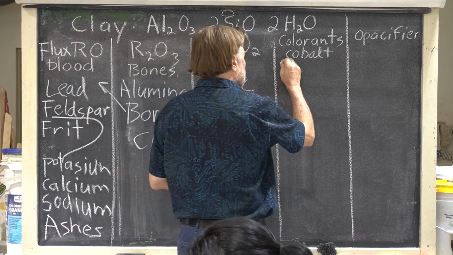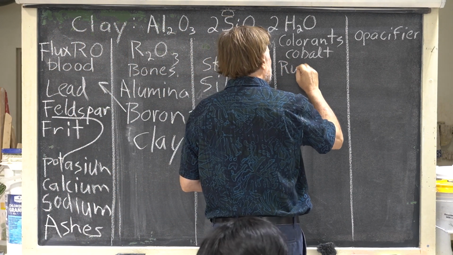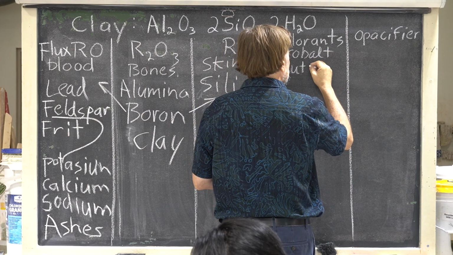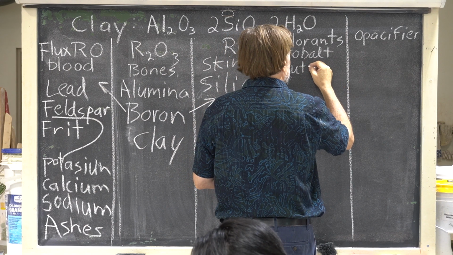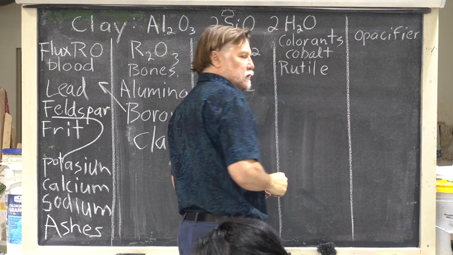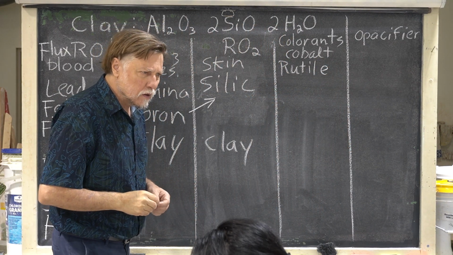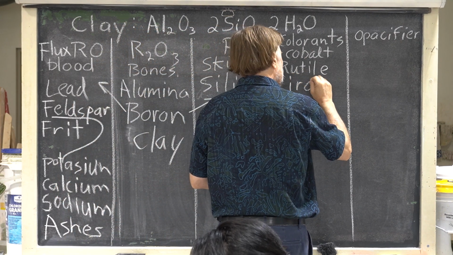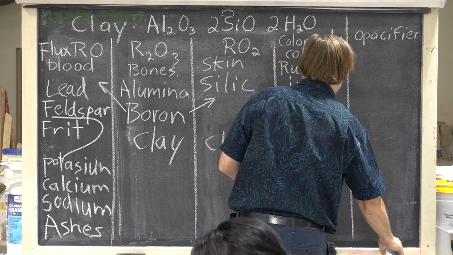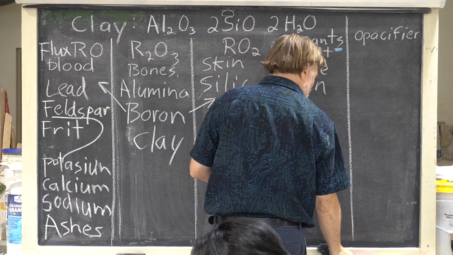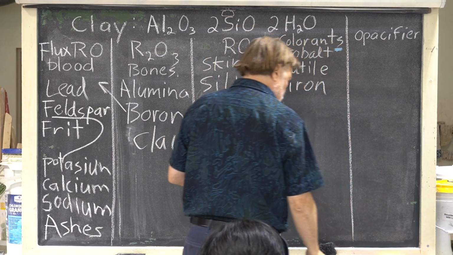So rutile is another one. And titanium is a metal, but it's usually white, and it forms crystals. So there's a lot of other things that can happen to glaze. What did you say? Iron is one. You're right. Iron.